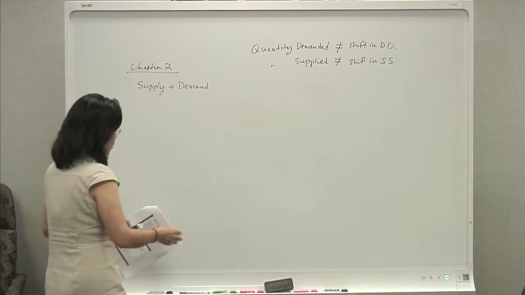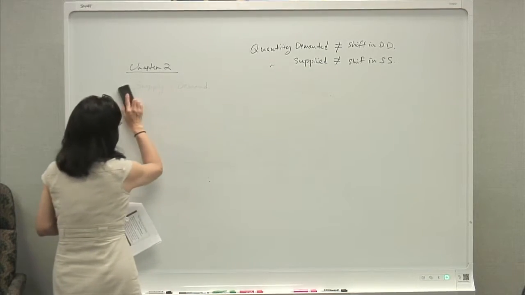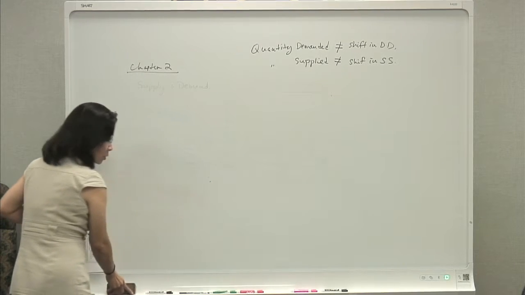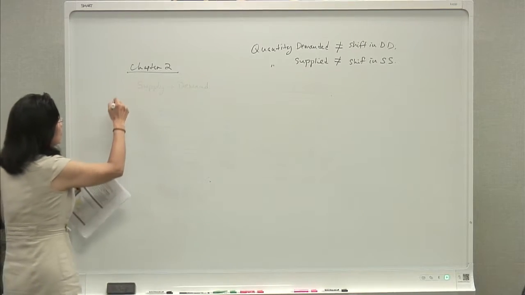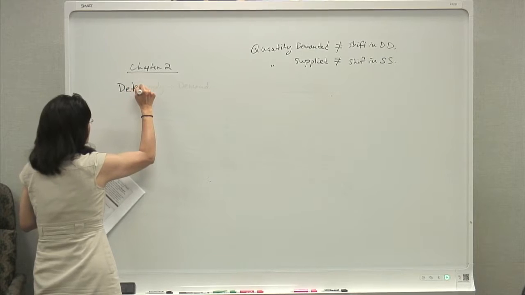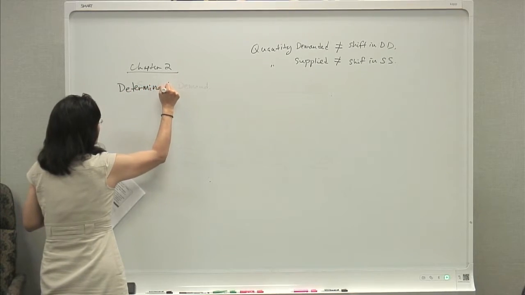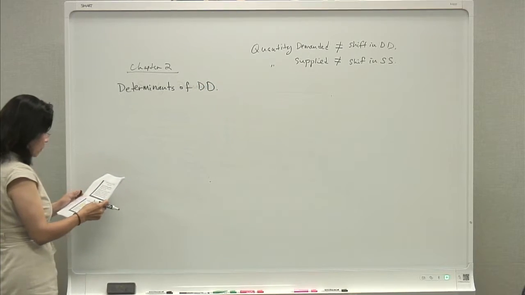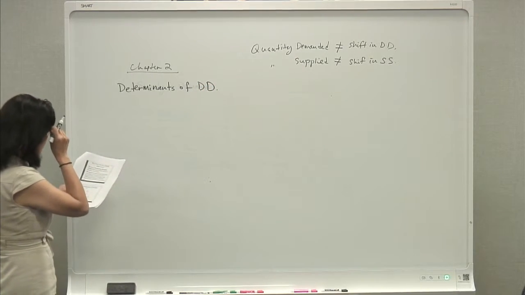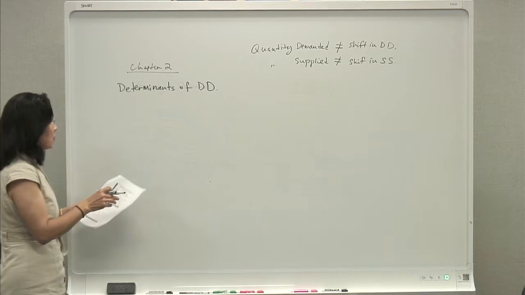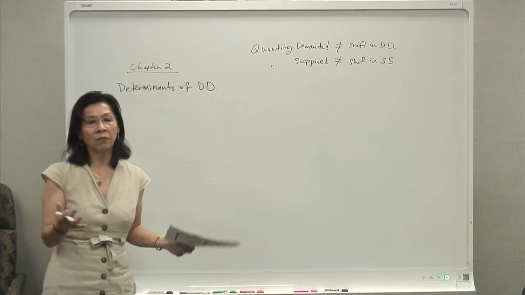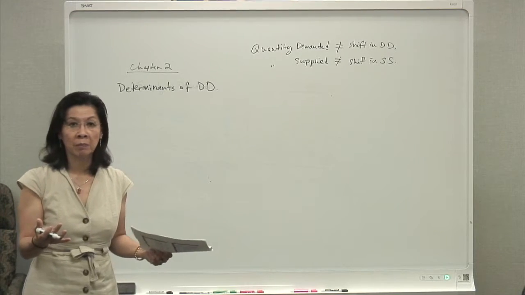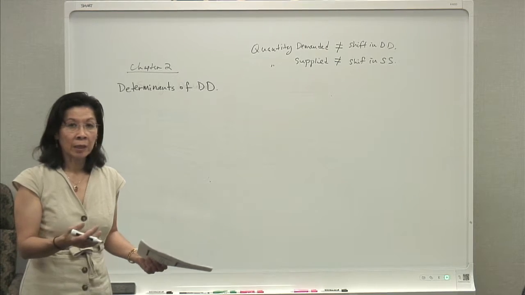Now, what are some of the determinants of the demand curve? Meaning, what are the factors that change your demand, other than its own price?